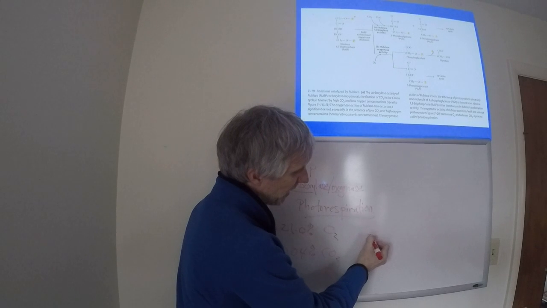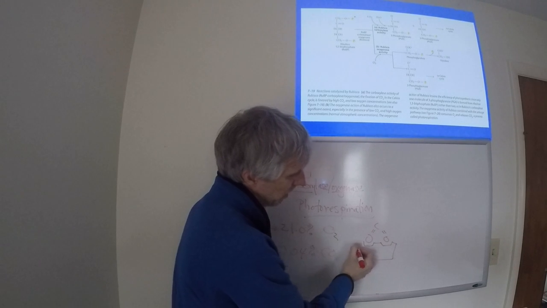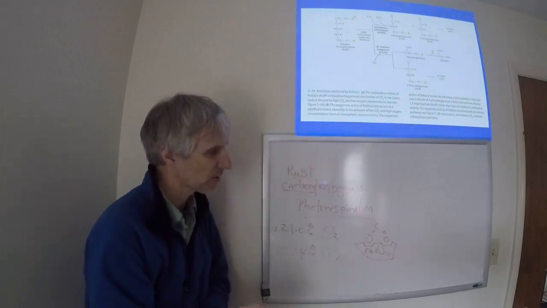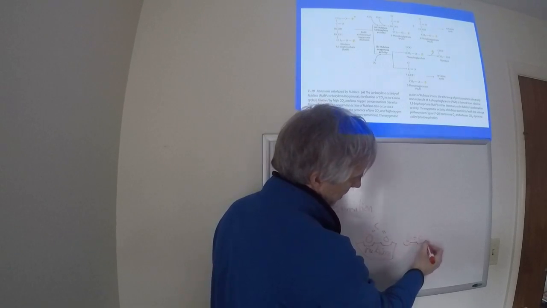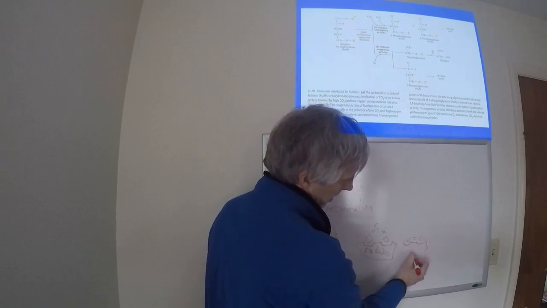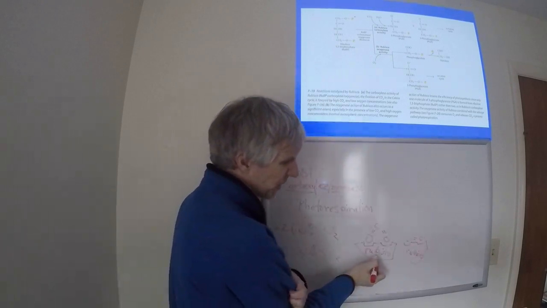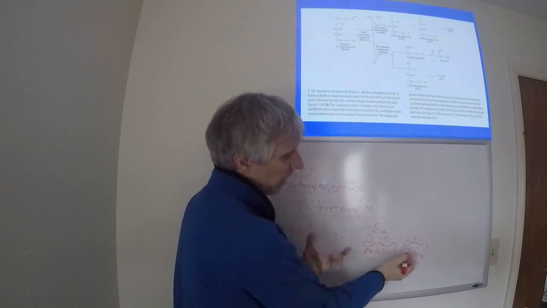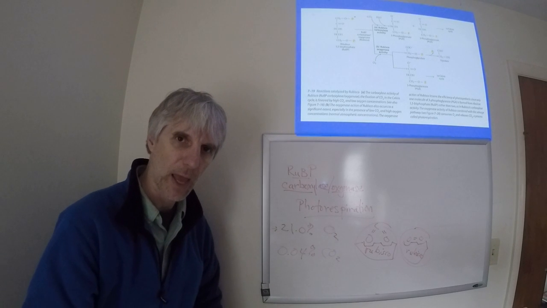Currently what people think is that carbon dioxide is grabbed by Rubisco by grabbing the oxygens. And this probably has the same shape as oxygen does, and therefore any change in Rubisco to make it better able to, or less able to grab this, would make it less able to grab that.